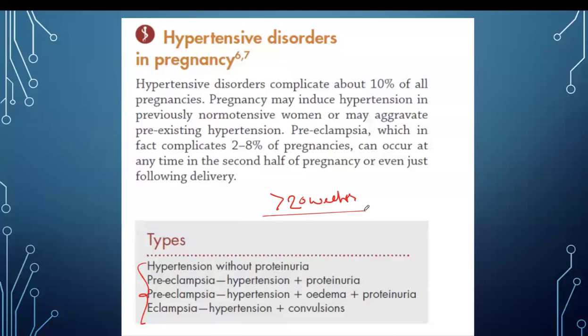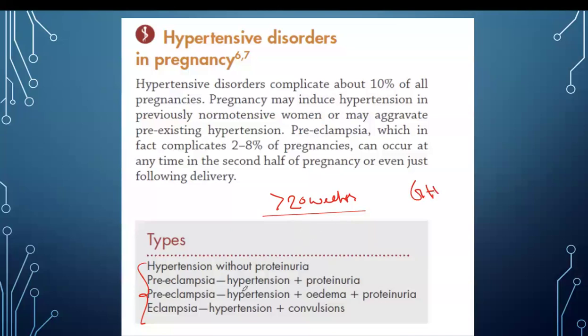Remember, it has to be the first time in her life she has been diagnosed as hypertensive, after the 20th week of pregnancy. If it is only hypertension, but there is no proteinuria, that means she's not losing any protein in her urine, that will be termed gestational hypertension or pregnancy-induced hypertension.